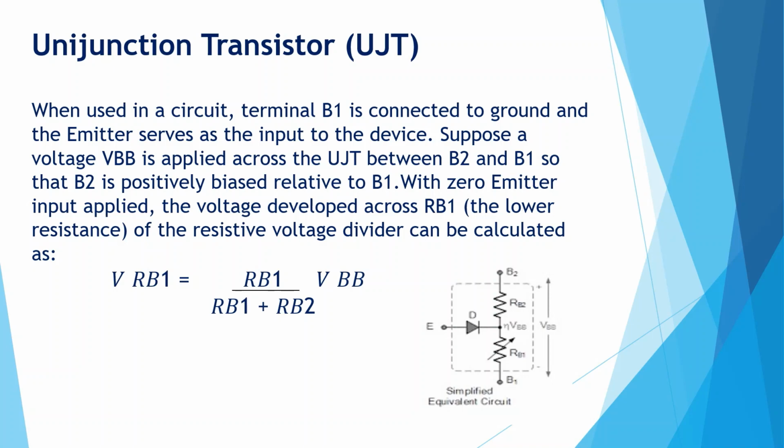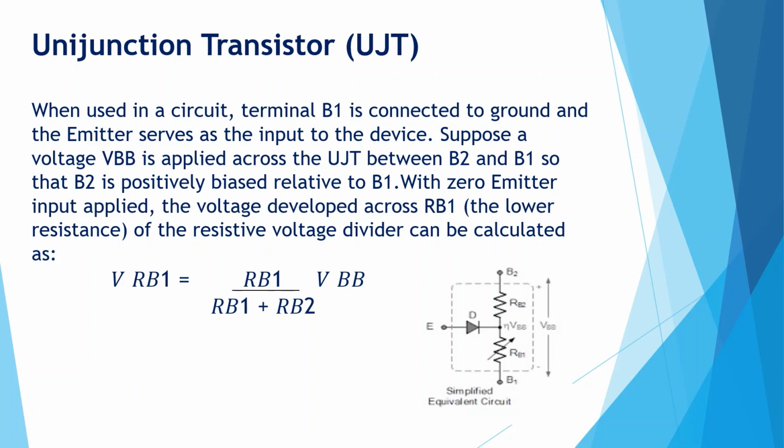So that will give you the voltage drop across RB1, and unless and until emitter potential is applied, this PN junction will be in reverse bias condition, and if the PN junction is in reverse bias condition, no current will flow through the device. That means the device will be in off state.